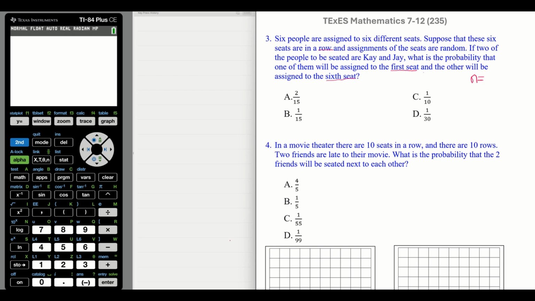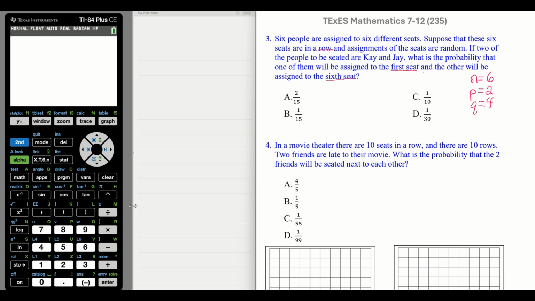total number of outcomes is 6, and we have one friend in one seat at one end and another friend in another seat. So our selection is two friends selected. Now Q is what isn't selected. 4 seats are not being selected at random.